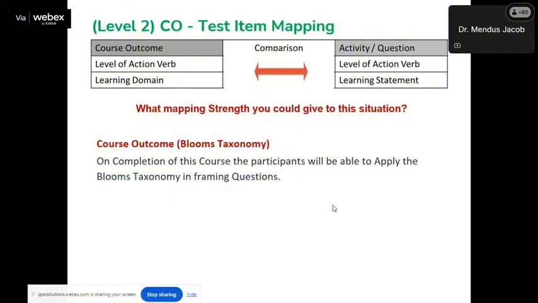I'm asking about this particular course outcome. What is the level of this course outcome according to Bloom's taxonomy?